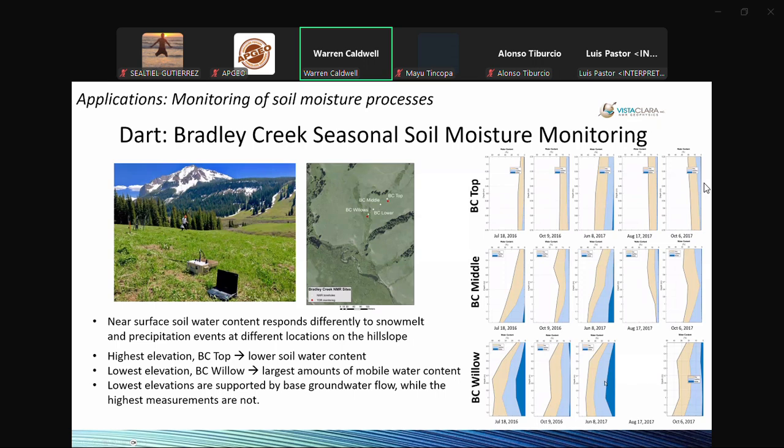So more mobile water content in early summer than in late fall. So this kind of spatial and temporal information was made possible by having this portable system that allowed easy repeat measurements and easy access to these locations.